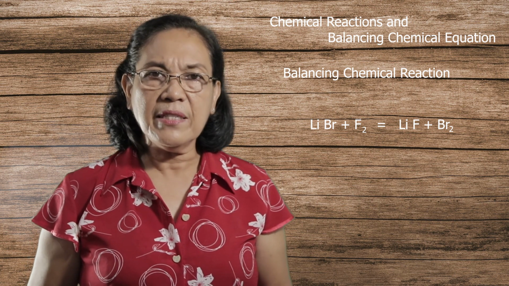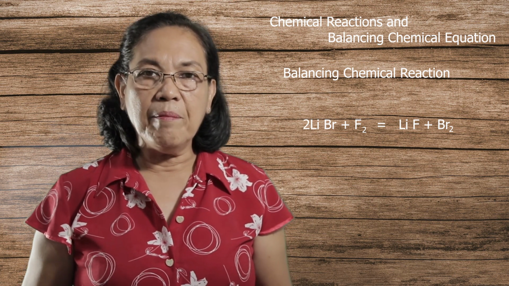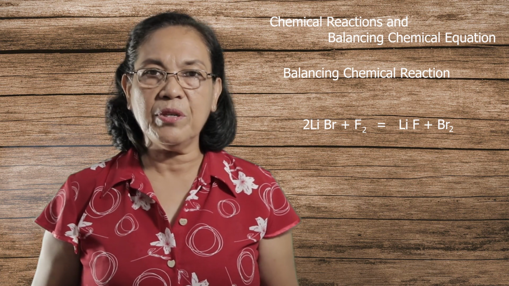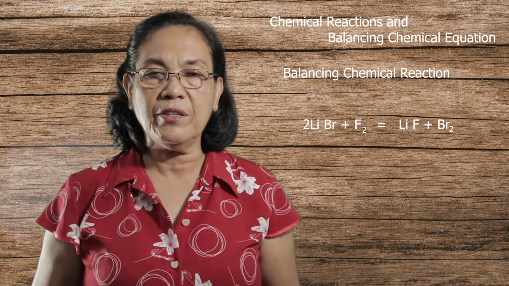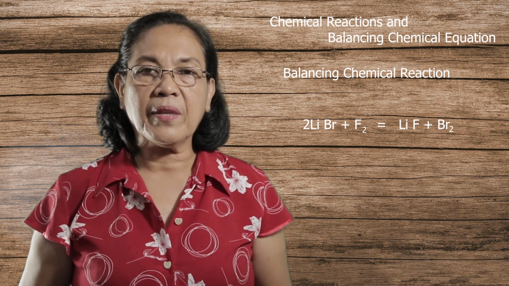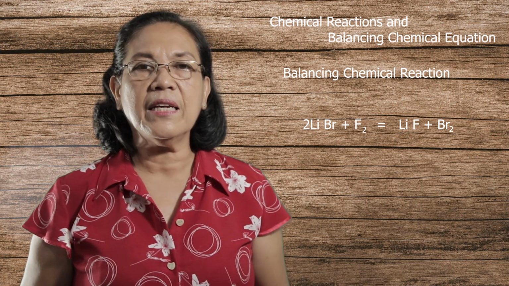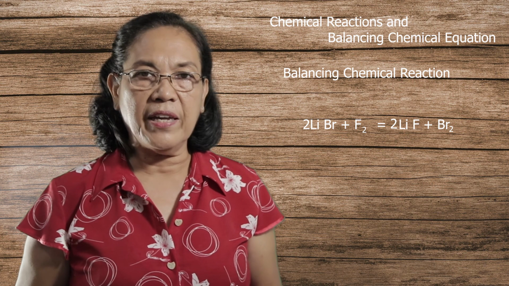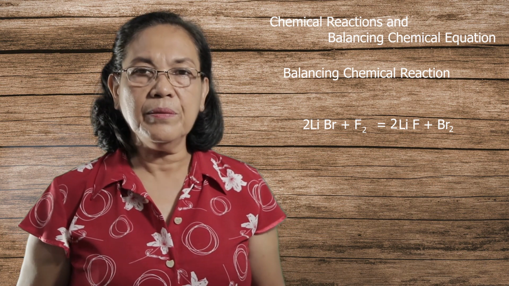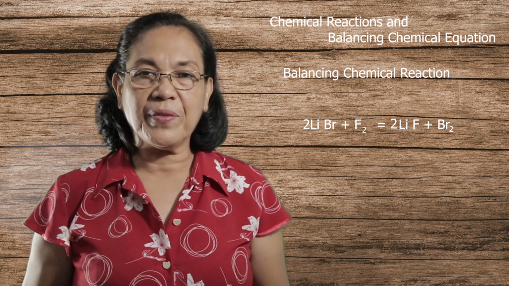So placing number 2 before the LiBr balances the number of atoms of bromine. But what will happen to the number of lithium atoms in the product? So you also have to place a number 2 before the LiF in the product. So you have there 2 LiF.